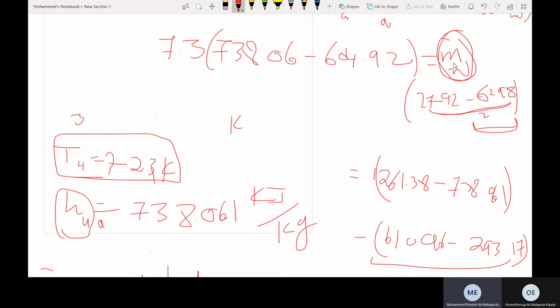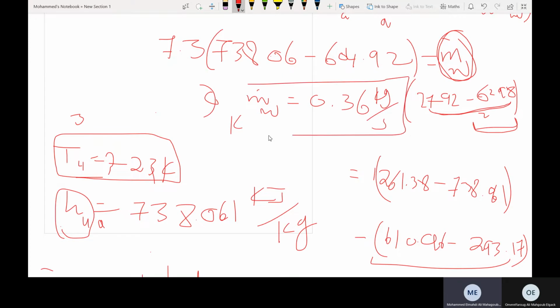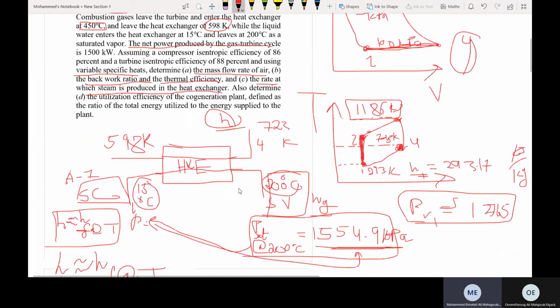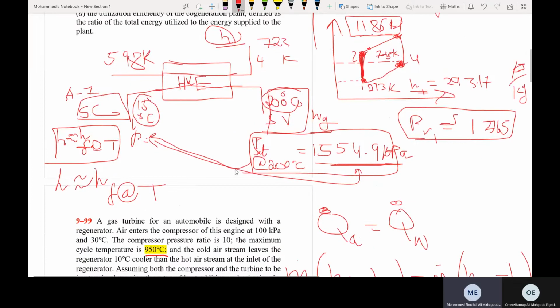So the m dot should be less to make those two expressions equal. So now the m dot of water, which is part C, is going to be 0.36 kilograms per second. Okay, just very simple, the Brayton cycle that we know, but now here with an additional heat exchanger problem from Thermo 1. Just remember that the pressure is going to be the same thing, okay?